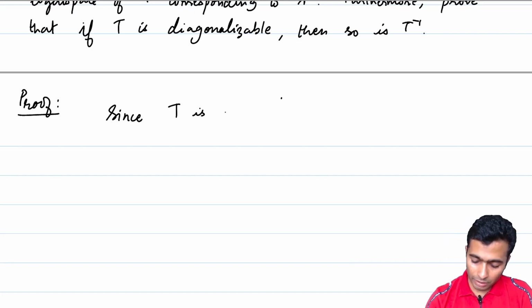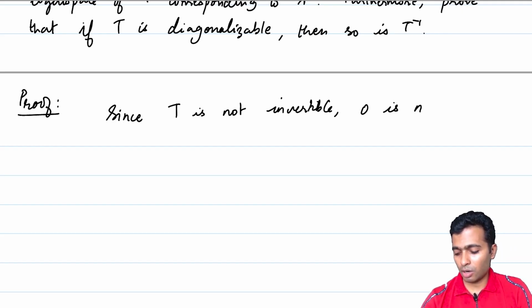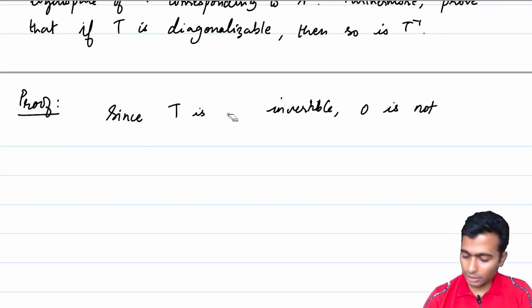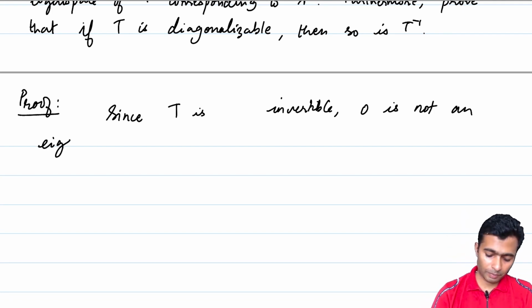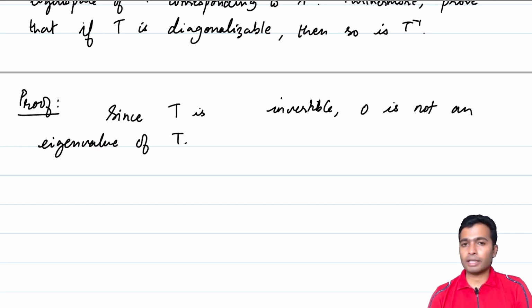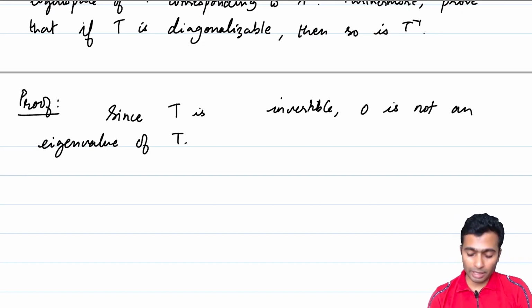Since T is invertible, 0 is not an eigenvalue of T. And that tells us that if lambda is an eigenvalue, we can talk about 1 by lambda, right?